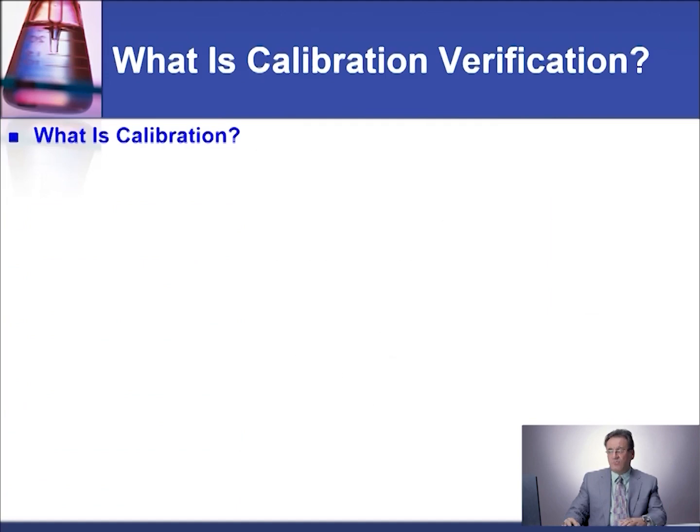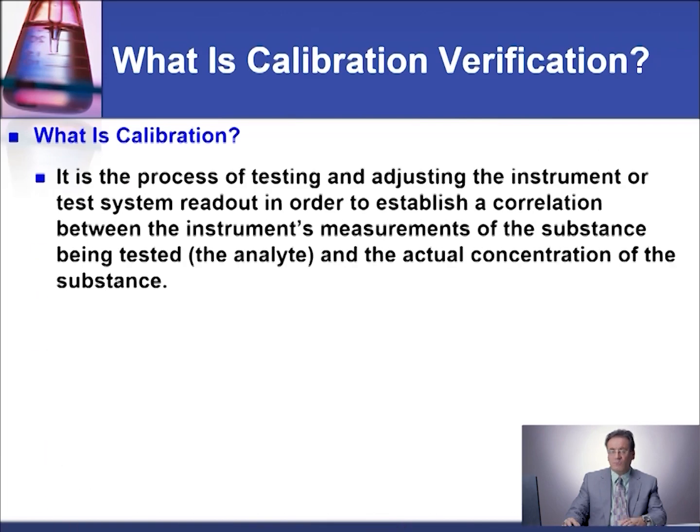First, we need to define what is calibration verification. But before we define calibration verification, we need to define what is calibration. Calibration is the process of testing and adjusting instrument or test system readout in order to establish a correlation between the instrument's measurement of the substance being tested and the actual concentration of that substance.